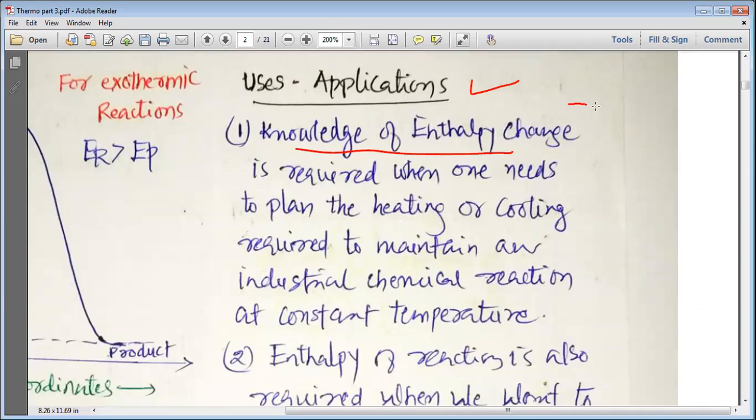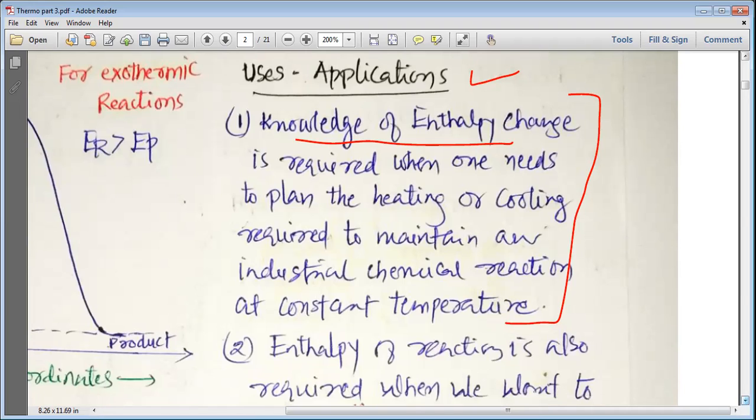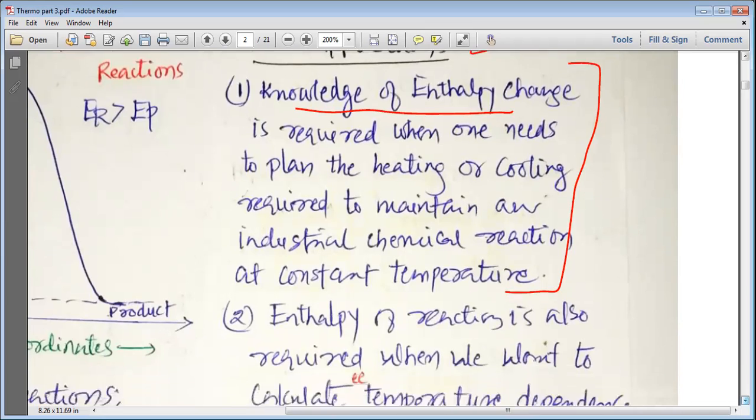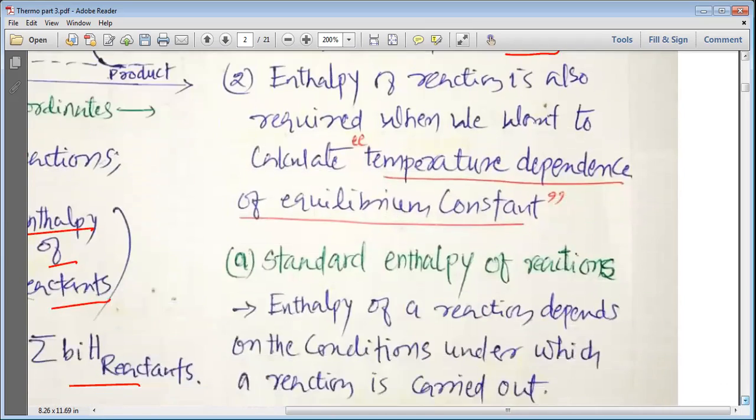So, if we want to maintain the temperature during the chemical reaction in the industry, whether it is required to be heated or cooled during the industrial process has to be determined by knowing whether the reaction is producing energy or whether the reaction is requiring energy. If the reaction releases energy, we need to cool it. If the reaction requires energy, then we'll have to heat it. So this is how, my dear students, we understand the industrial conditions.